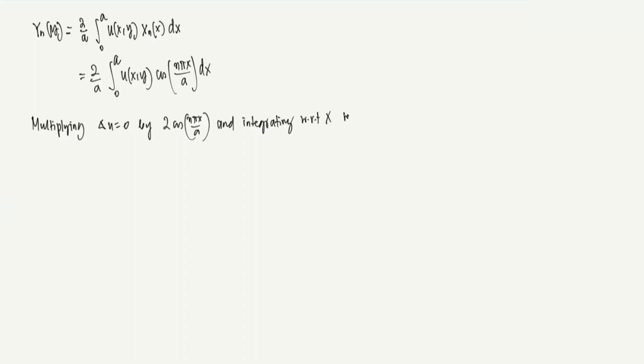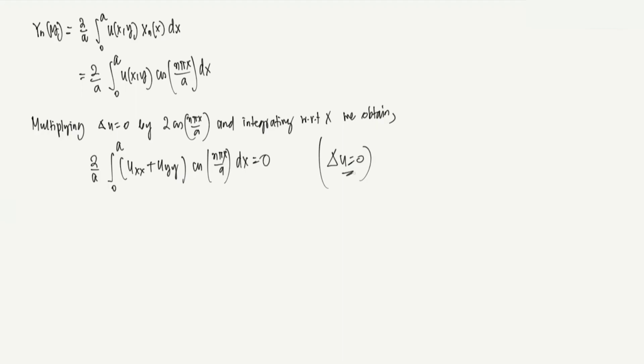Of course, we obtain 2 by a, integral 0 to a, (uxx plus uyy) cosine of n pi x by a dx equals 0. Clear? We are just multiplying the equation. Laplacian of u equals 0, that is given to us. So we are just multiplying it by the cosine part, and then integrating it. That's the thing.